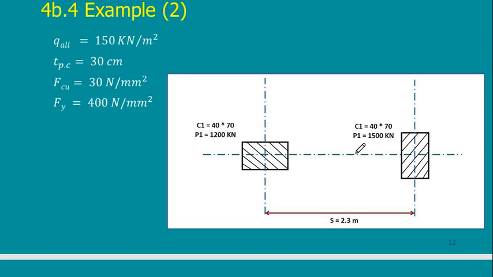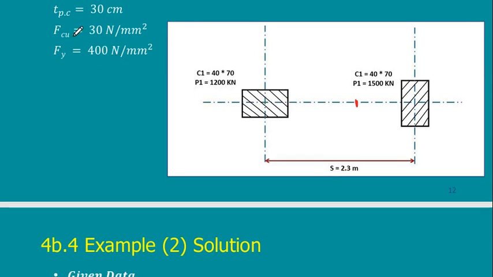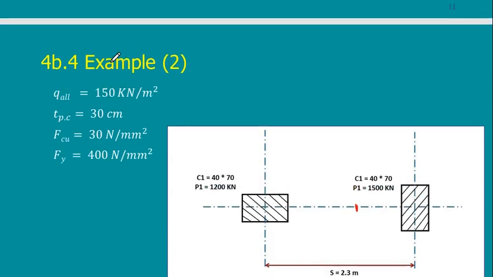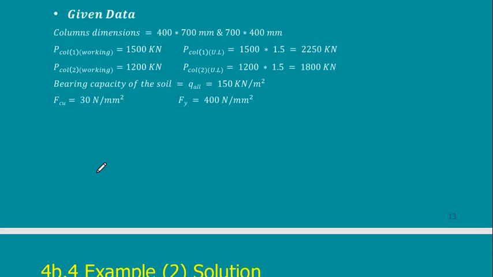So I expect that my CG will be somewhere in this direction, at this location. What are the givens? Q allowable for soil is 150 kilonewton per meter square. The thickness of the plain concrete is 30 centimeter. FCU of concrete is 30. F yield is 400, similar to the numbers we usually use in our examples.